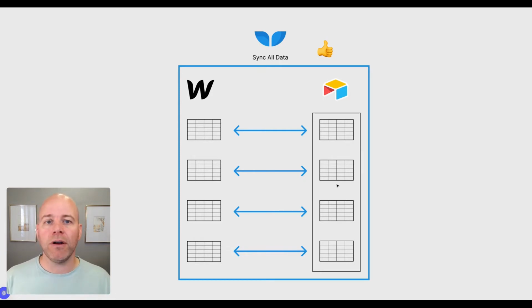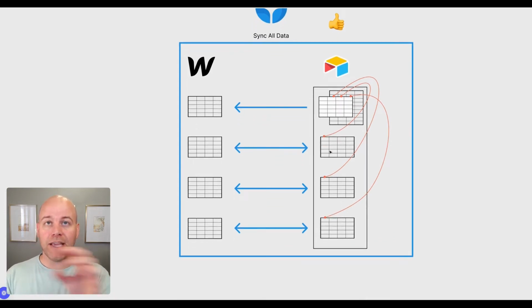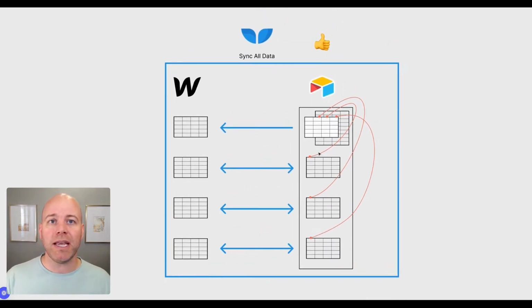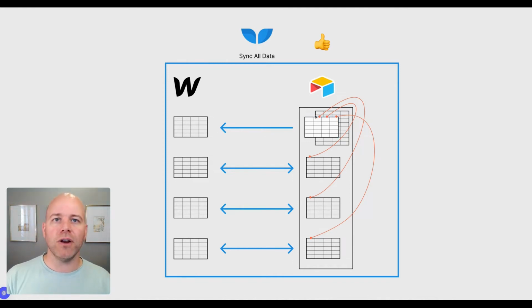It didn't matter if these were independent tables or if I had linked records between my tables or a view of one table that was then only syncing one way. As long as Whalesync could get its arms around all the data, it did a really good job of keeping everything in sync.